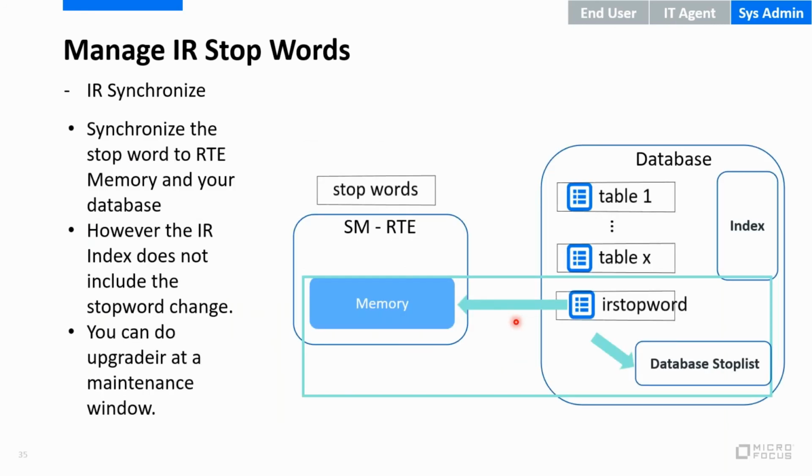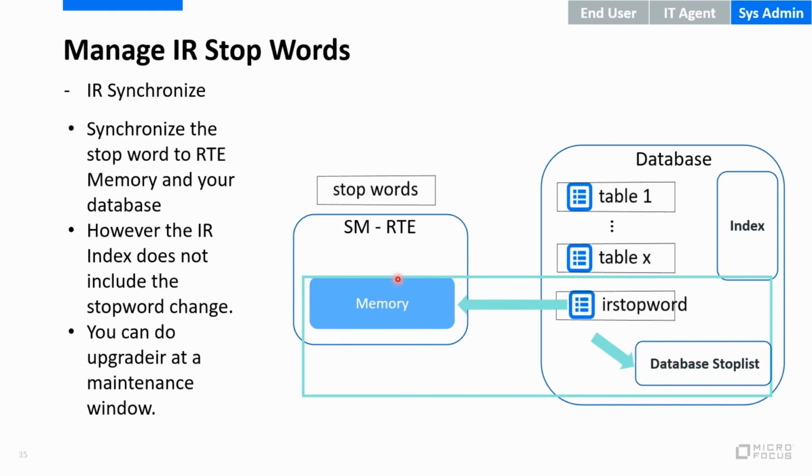So this page is mainly talking about the IR synchronize. It's mainly on the IR stop word synchronize. Using this IR synchronize button, it will synchronize the stop word to the RTE memory and also to your database.